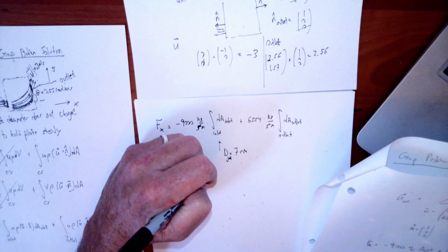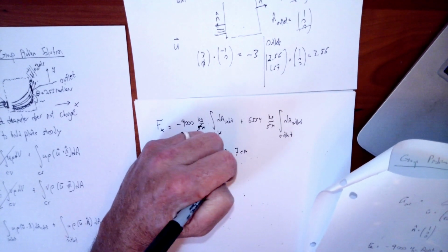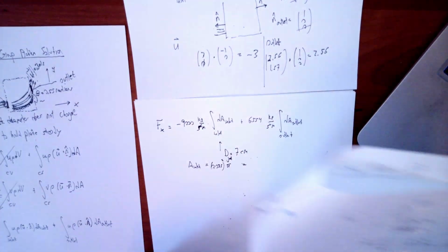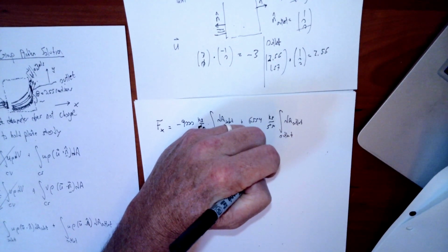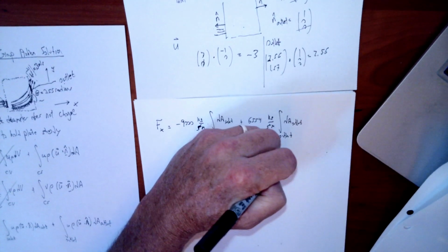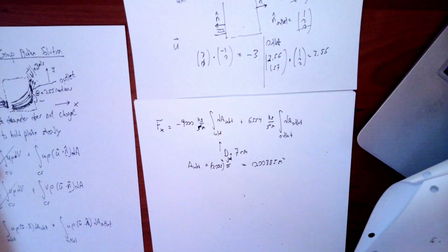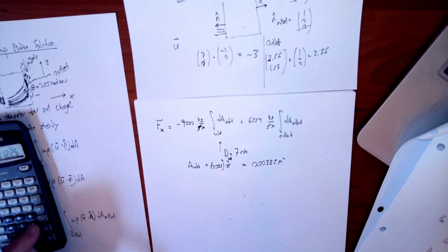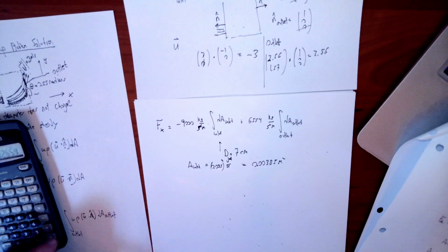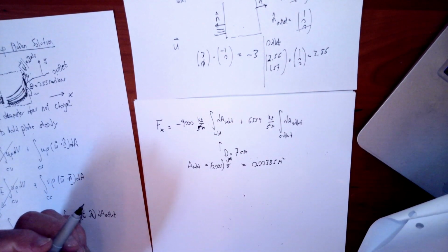So area of the inlet is 0.035 squared pi. And so that's equal to 0.00385 meters squared. So that's my inlet area. So that's not hard. I'm just double checking. Looks good. So that's an easy area. It's just area of a circle.